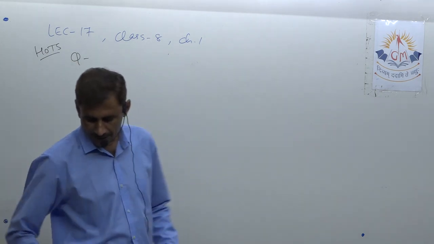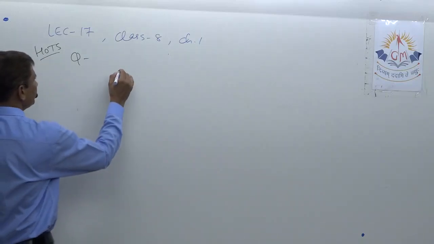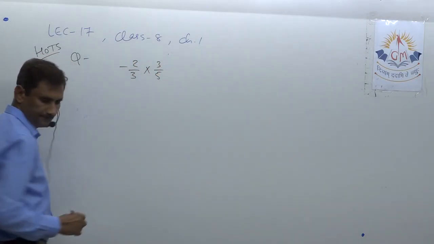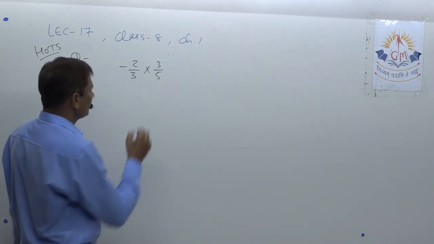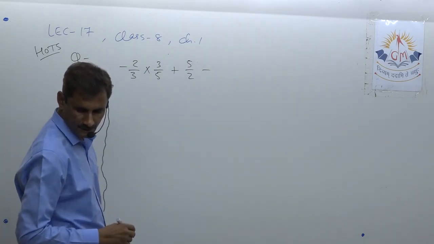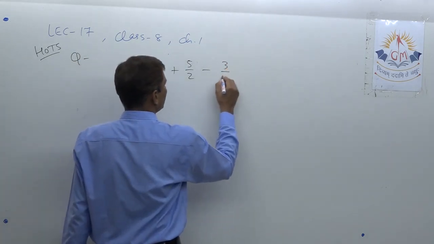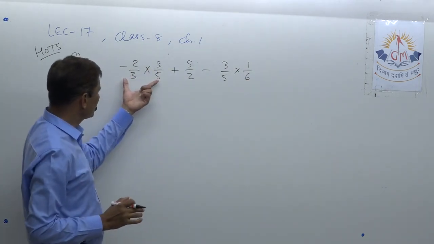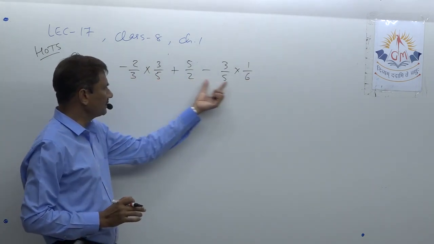So it is given minus 2 by 3 into 3 by 5 plus 5 by 2 minus 3 by 5 into 1 by 6. Total 3 terms are there. You can say this is the first term, second term, third term.